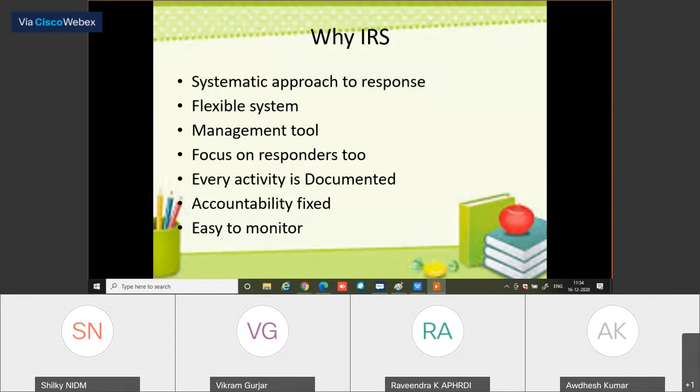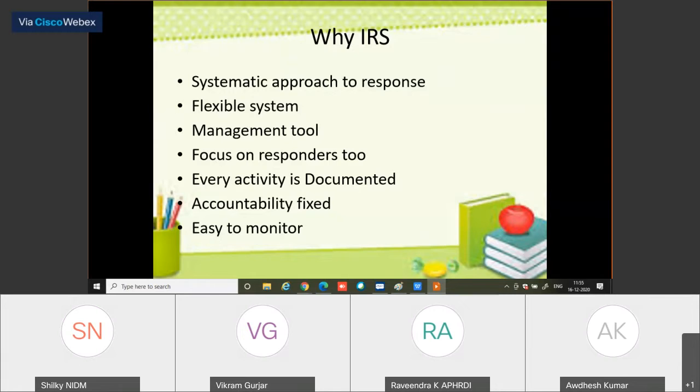This is a management tool because we will be discussing the various principles, and the basic principle on which it is based is management by objective, which means that the objectives are laid down and decided, and then the various management protocols or processes are put into effect for attaining the objective.